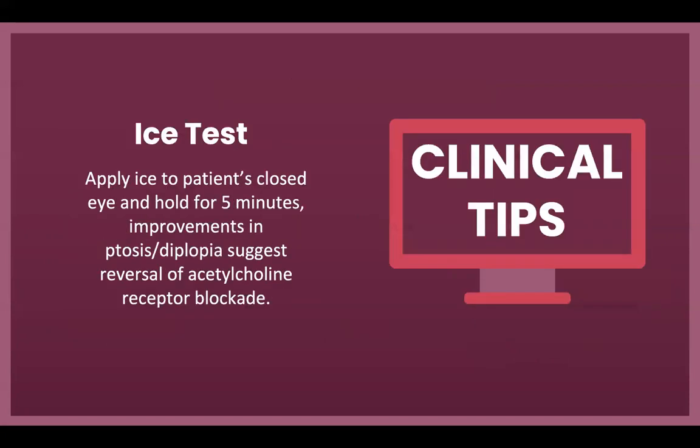We have a nice tip here. It is called the ICE test. If you have diplopia related to myasthenia gravis and the patient starts to tell you there is fluctuation in the symptoms during the day, and sometimes it is okay, sometimes it's not okay, if I have some rest, the diplopia will disappear. So you can apply the ice test.